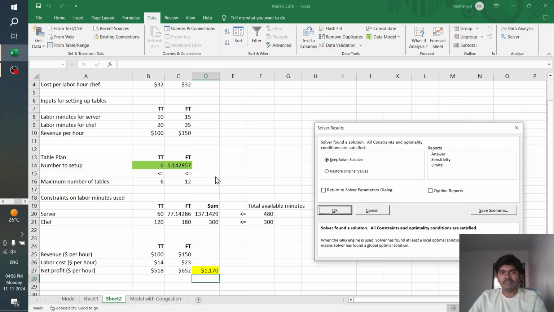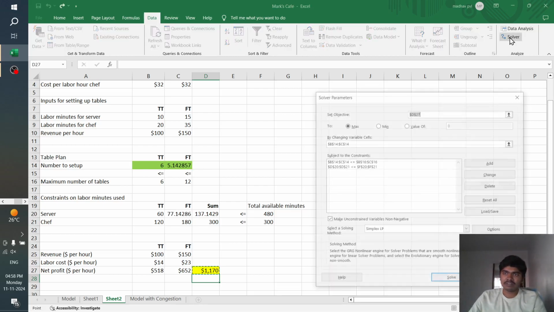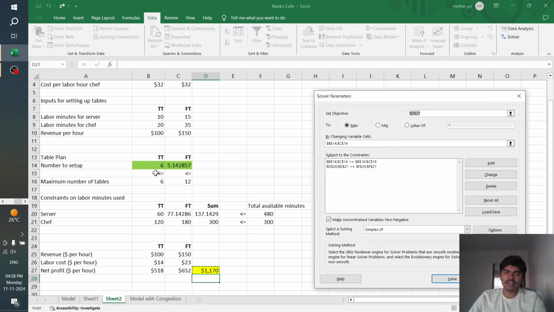But the only thing we need to remember is we can't keep 5.1428 tables. So we need to add one more constraint which says these two should be integers. Otherwise it's very tough. Even this thing should be an integer, the sum should also be an integer, otherwise we can't do it.